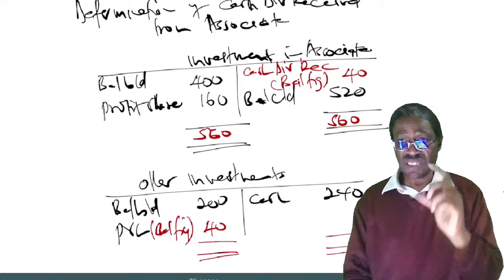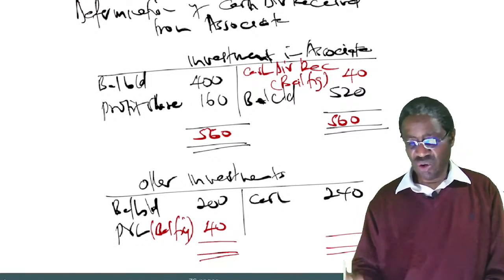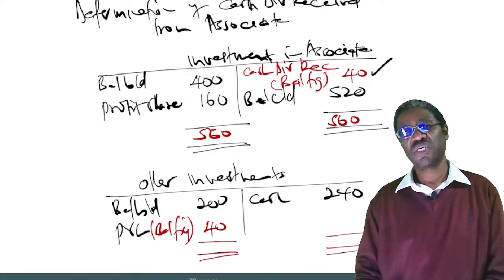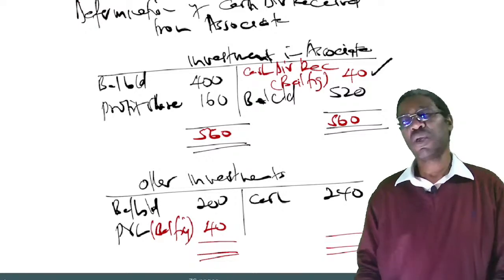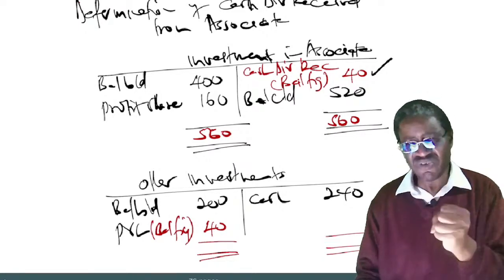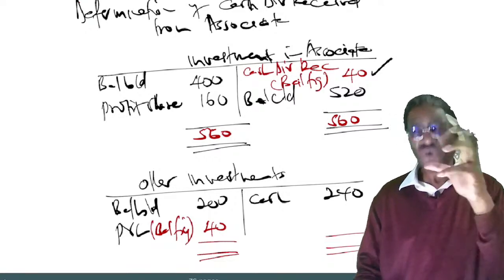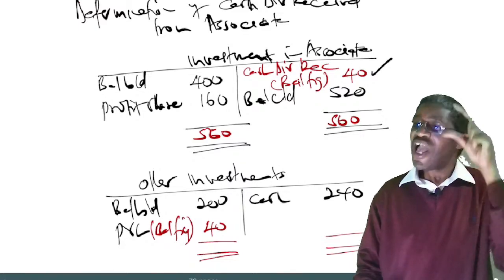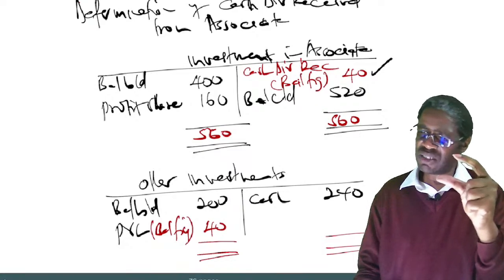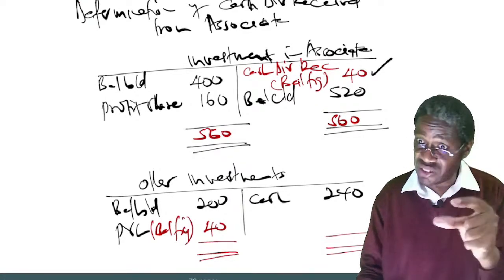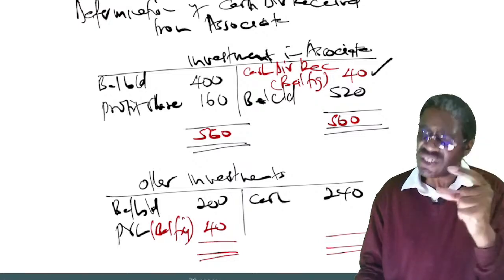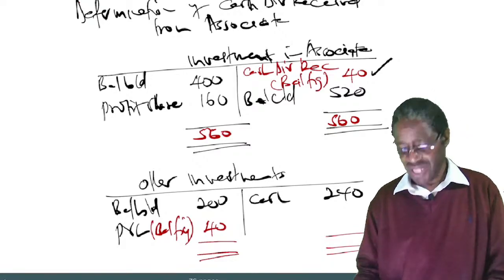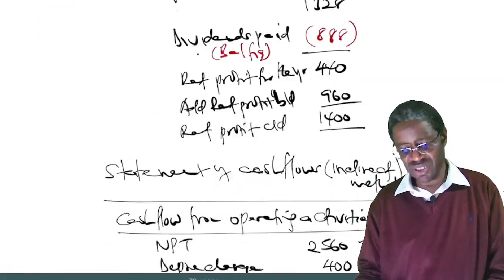And I can see when we were analyzing it, we got it as a balancing figure here as the cash dividend received from the associate, representing an amount of 40 million. That is what we received from our associate. Of course, don't forget, associates are part of fixed assets. I told you anything relating to fixed assets should be considered as investing activity. Now that we are receiving that dividend of 40 from our associate, that should also be classified as an investing activity.